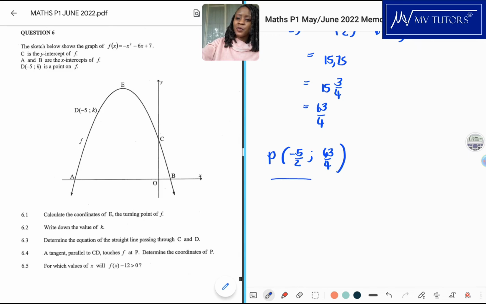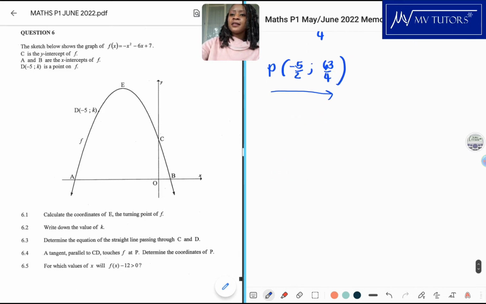We're almost done with question 6. And then 6.5: for which values of x will f of x minus 12 be bigger than 0? So basically, if you shift this graph 12 units down, for which values of x will this graph be positive?